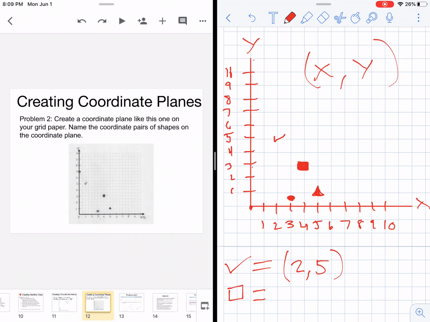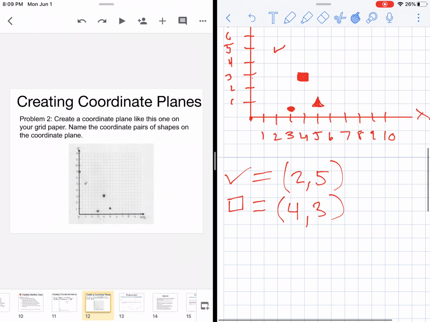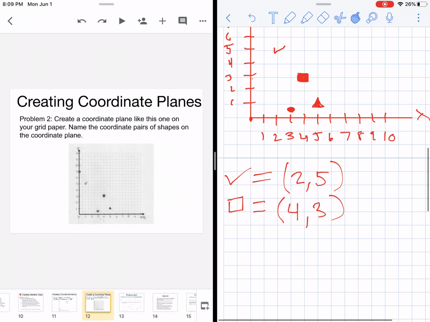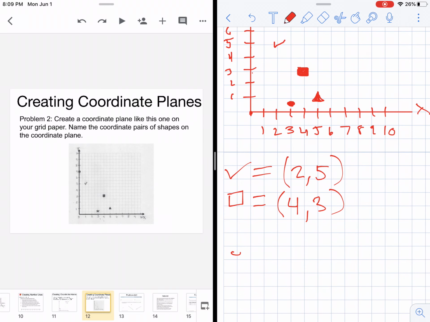For our square, we go over 4 and up 3. So our coordinate pair is 4 comma 3. For the dot, we go over 3 and up. But if you look, we don't go all the way up to 1.